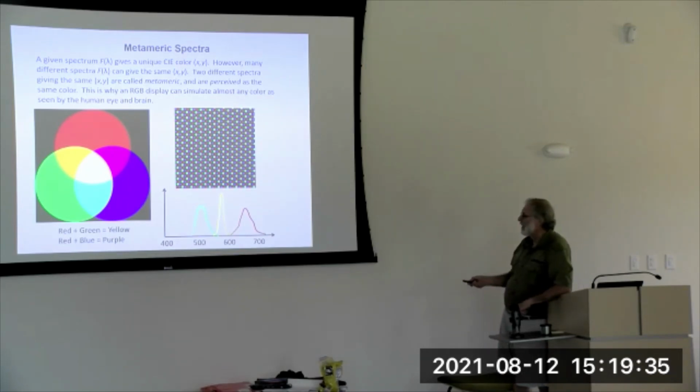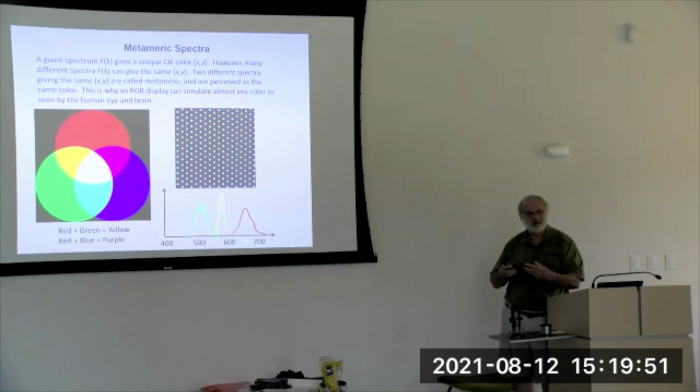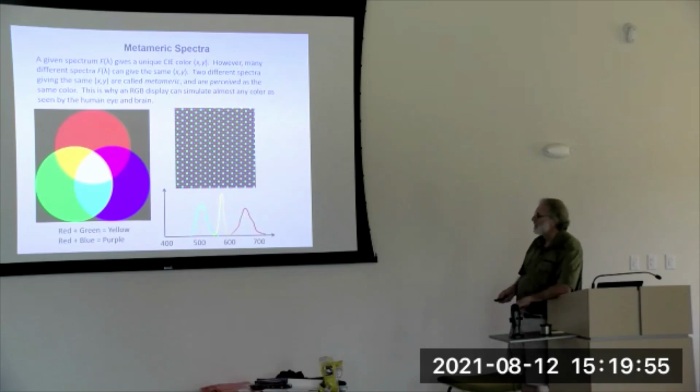But the bottom line is your eye cannot tell the difference in true yellow light that peaks out at maybe 588 or green light and red light that are here and here. Your eye and your brain just don't see the difference. And so that's good, and it lets you make color TVs with just 3 different colored pixels.